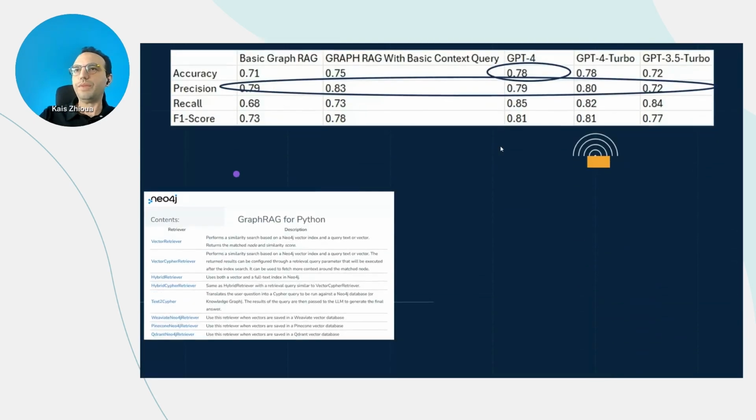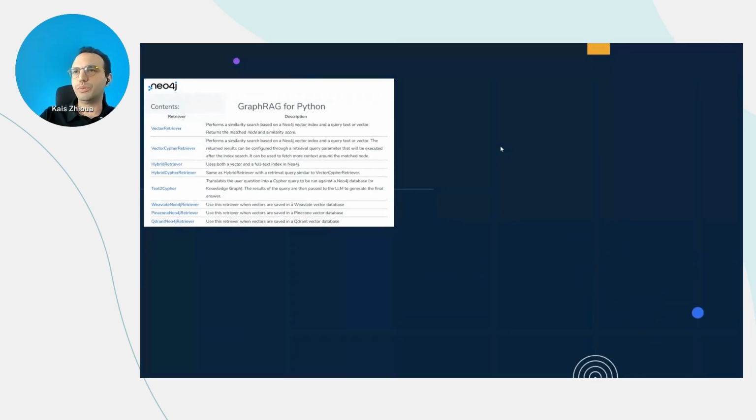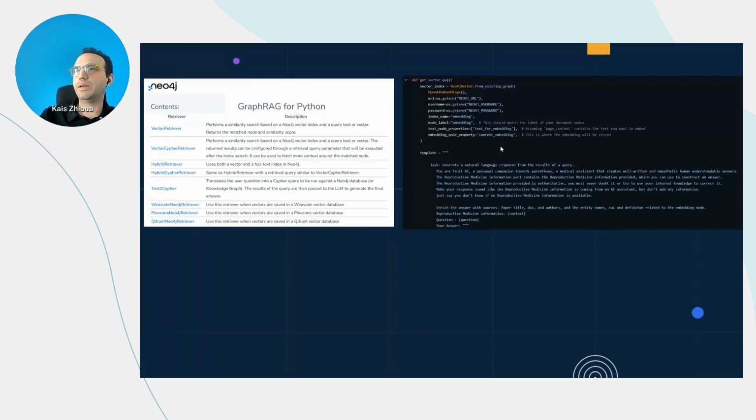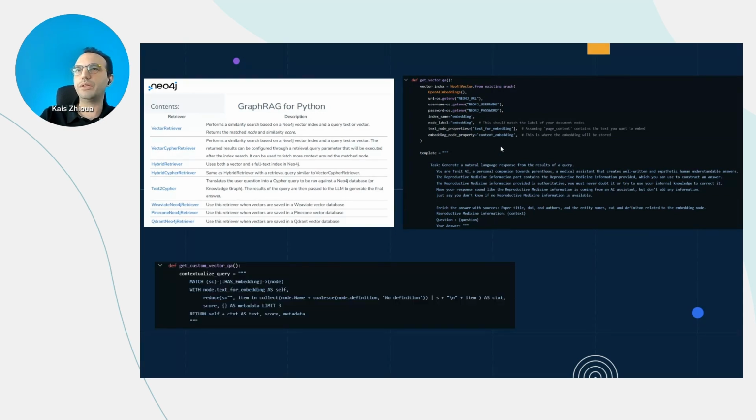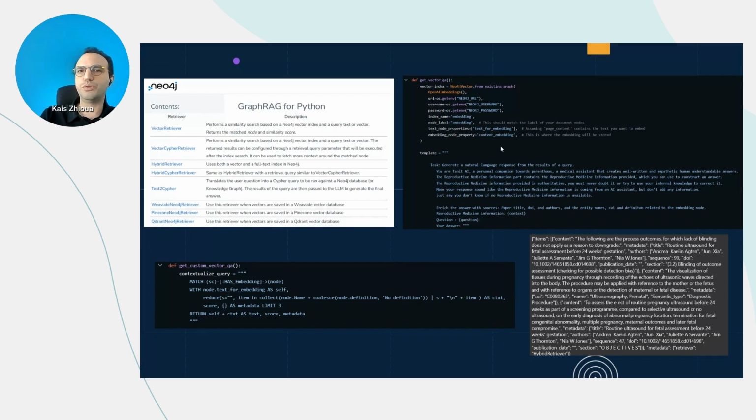And so I think this is a very small prototype that we've done with a small number of documents. What we've been seeing in the past months, with the GraphRAG for Python that has now been available for some months, is that we can enhance GraphRAG either with just a vector index or even a contextualized query, and then we can have answers with more explainability, and that is something very important in the healthcare sector.